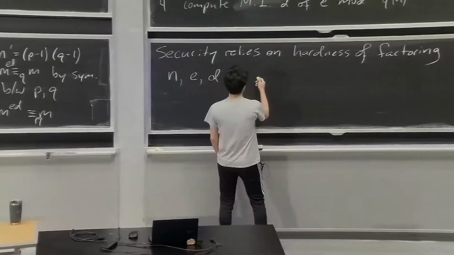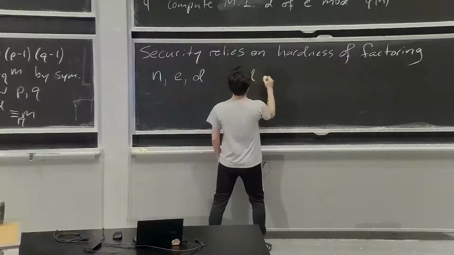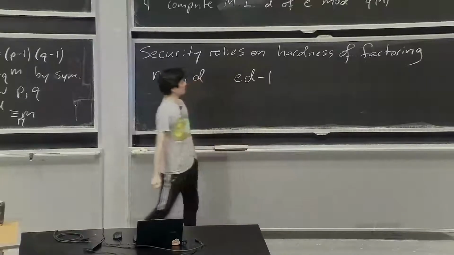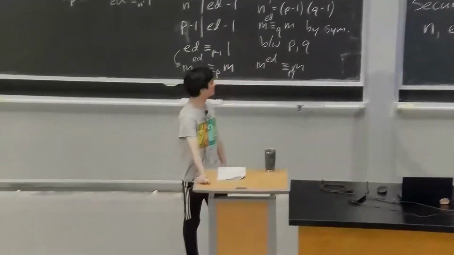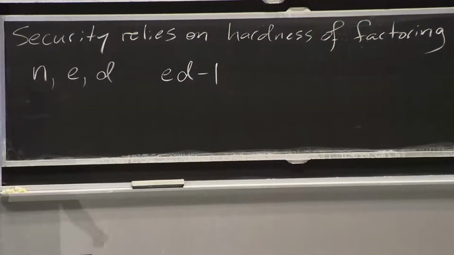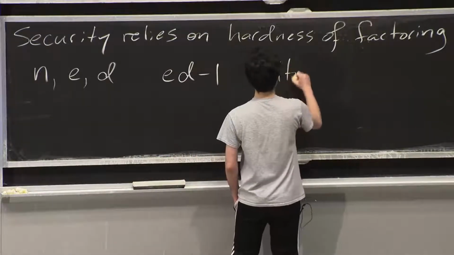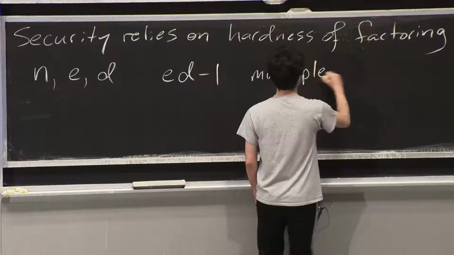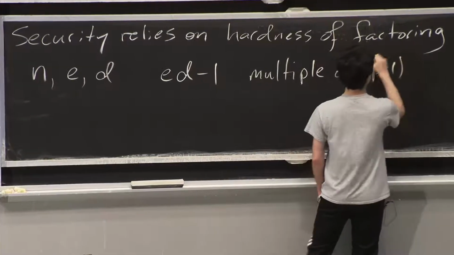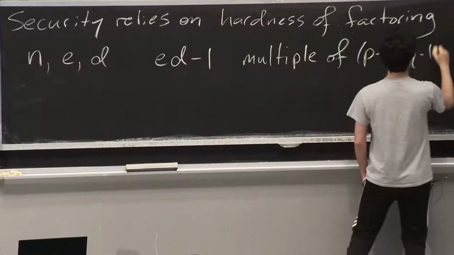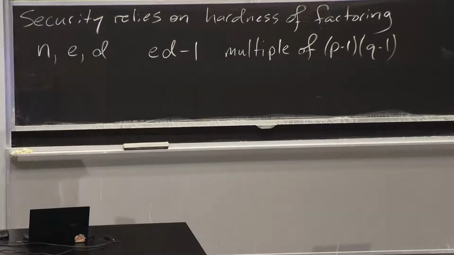So if I have e and d, ed minus 1 should be a multiple of p minus 1 times q minus 1. Okay?